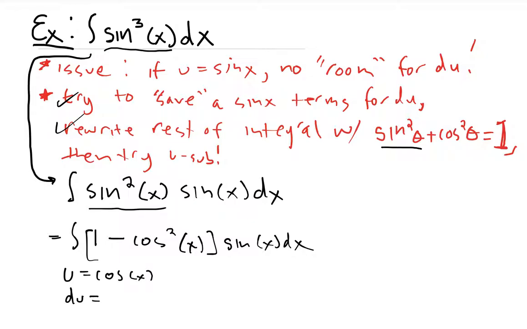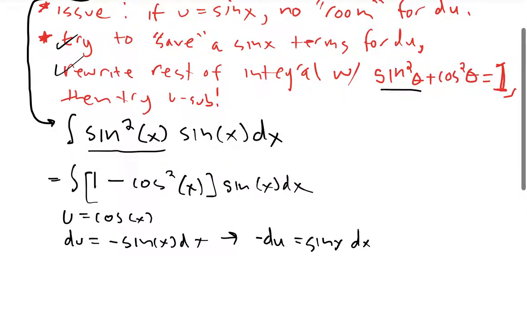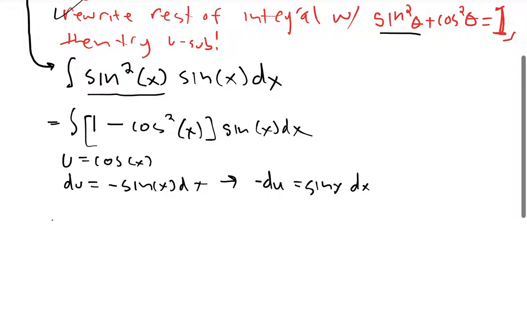This will set me up for a u sub where du is negative sine of x dx. I will have to correct the coefficient on that. And if I scroll down to give myself just a little bit more room, once I substitute everything in here, this is no longer going to be 1 minus cosine squared, it's 1 minus u squared. And this is no longer a sine x dx on the end, this is minus du.